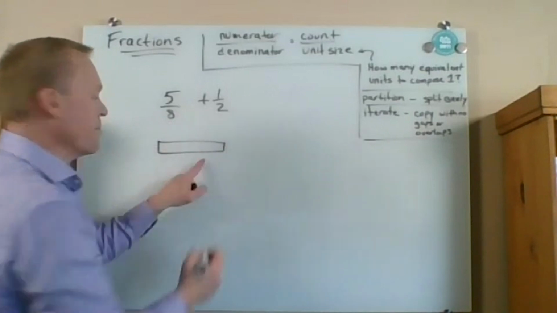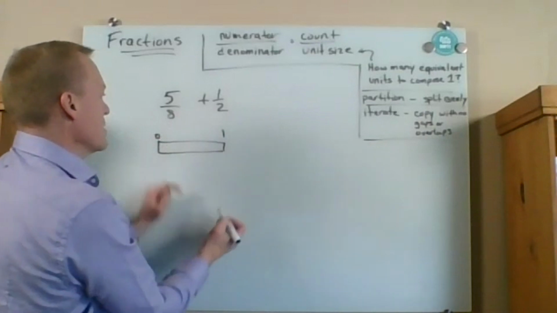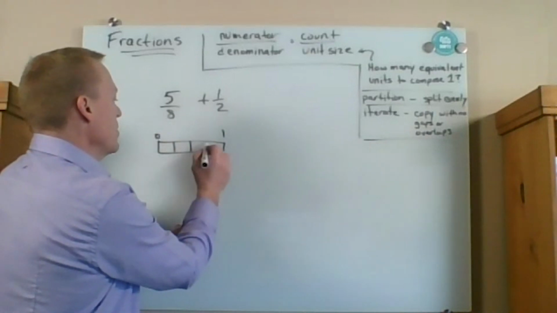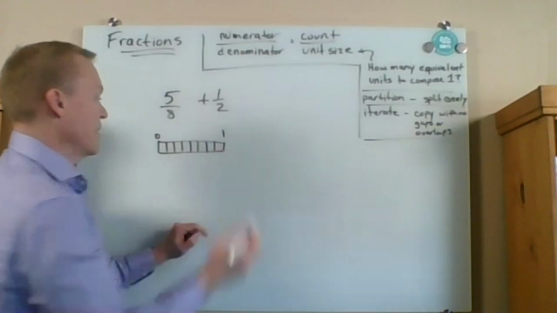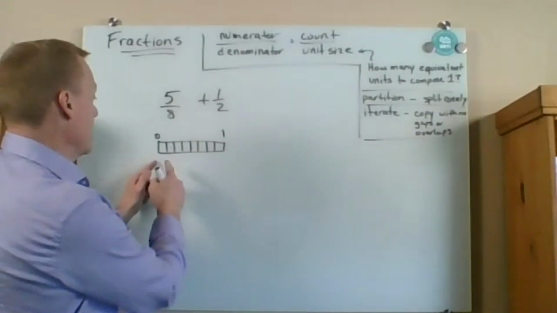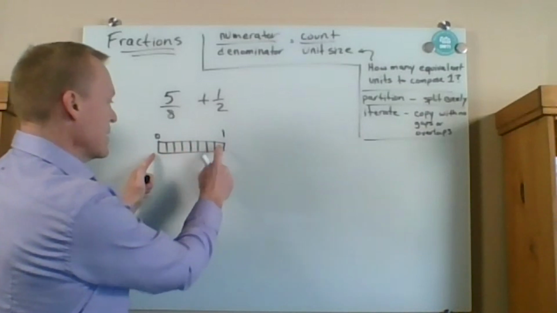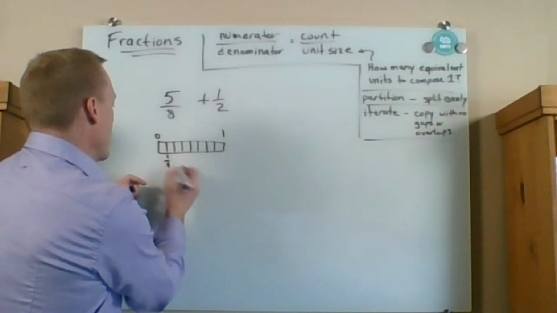I'm going to model again with a bar model, or you could use a number line. Here's 0, here's where 1 is. The 8 tells us we're going to partition the 1 into 8. This is a good task for having kids practice partitioning correctly and proportionally. 1, 2, 3, 4, 5, 6, 7, 8. 8 smaller units to get to 1. So each of these represents a 1/8.